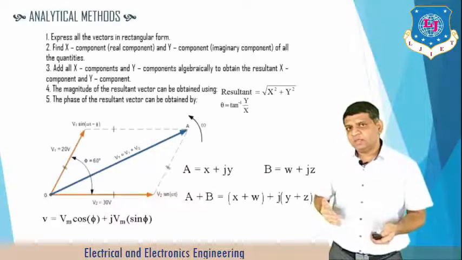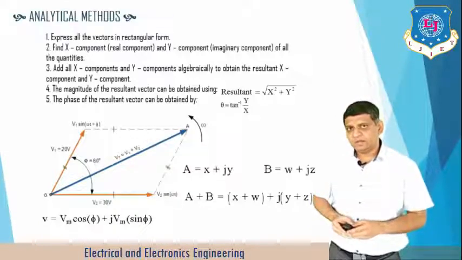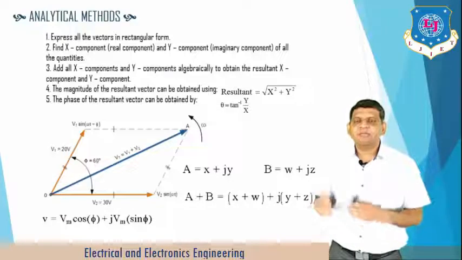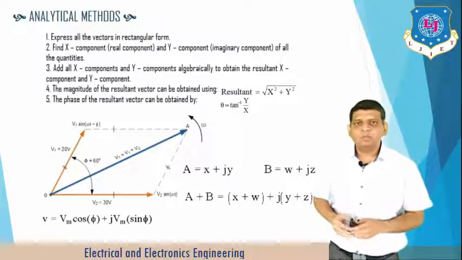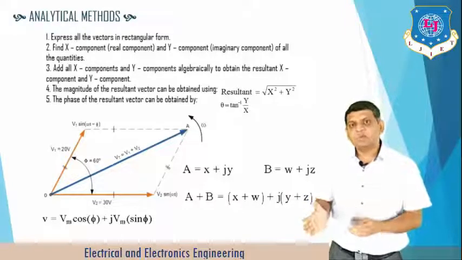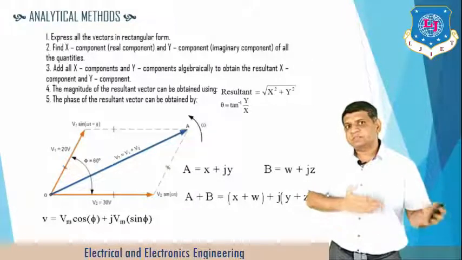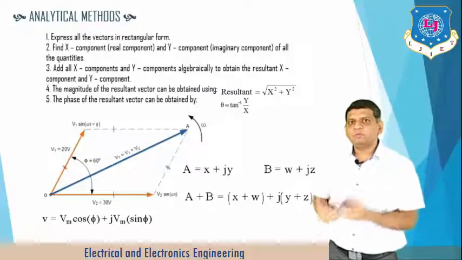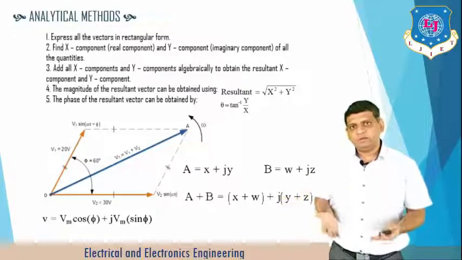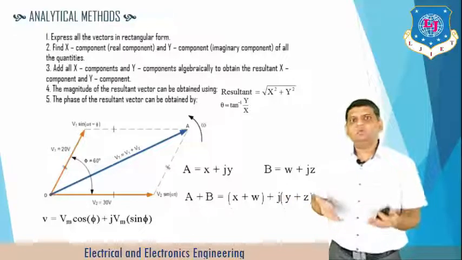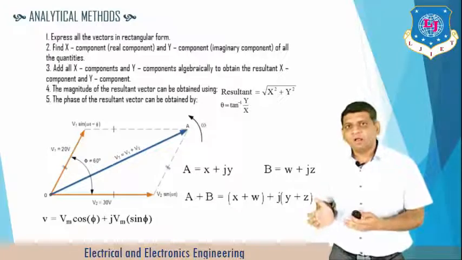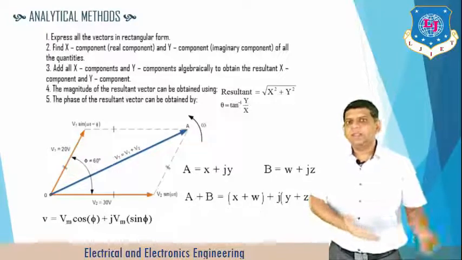Now the same thing, if you want to take it as an analytical method, you have total two components, x-axis component and y-axis component. So if you have any particular equation like I is equal to Im sin(omega t plus theta), then my first job is to find the x component and y component. The x component I can find from x is equal to Im cos theta, and the y component I can find as y is equal to Im sin theta.